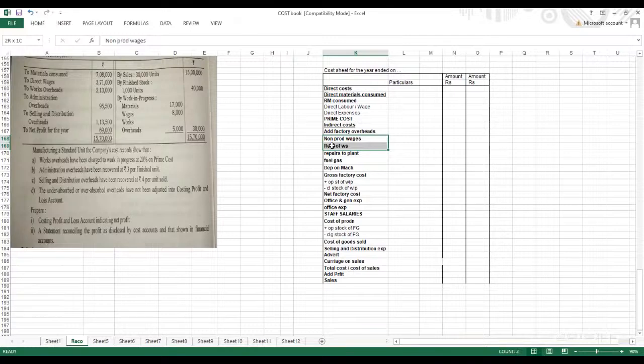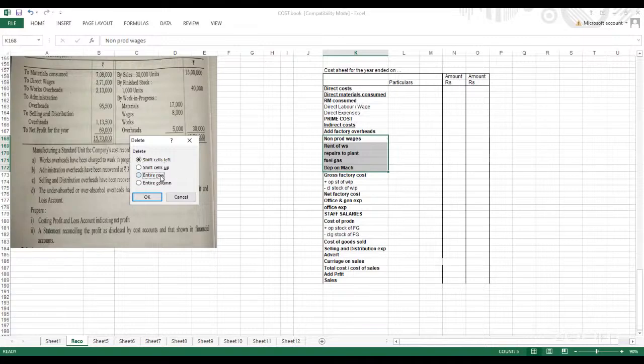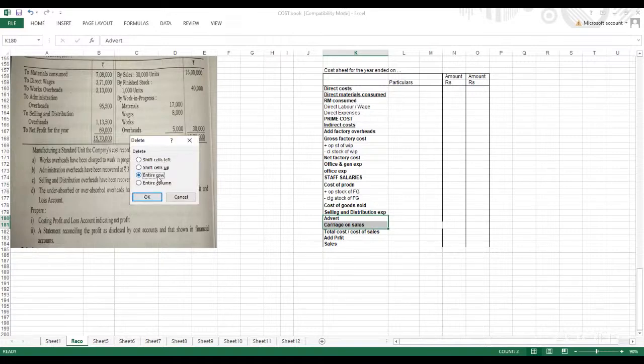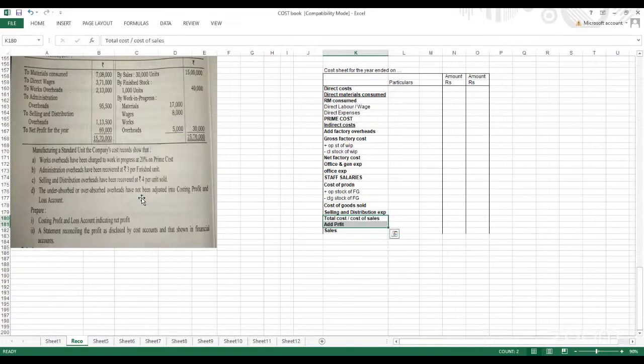Then in selling also, there won't be any further detail inside. Fewer items will be there when they ask you to prepare a cost sheet as well as a reconciliation. Okay. Less number of items will be there.